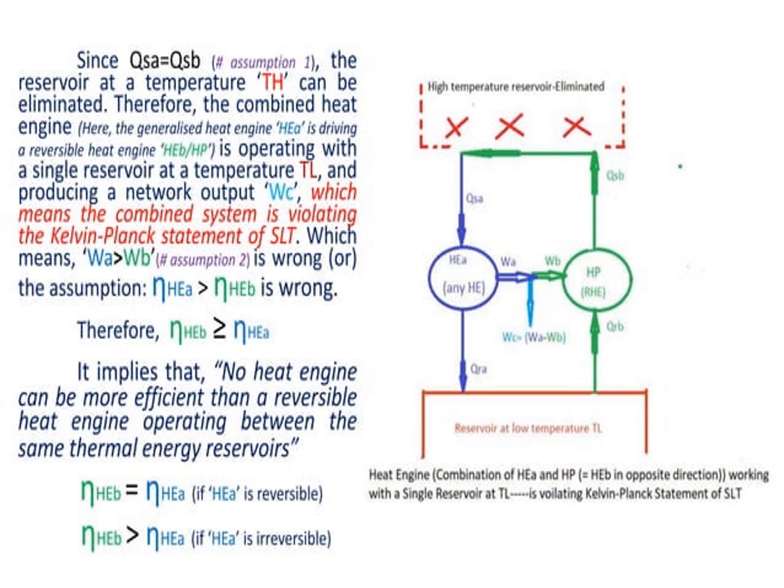Therefore, the efficiency of heat engine B is greater than or equal to the efficiency of heat engine A. It implies that no heat engine can be more efficient than a reversible heat engine operating between the same thermal reservoirs. This is the first statement, which says that the efficiency of HEB is equal to HEA when HEA is reversible, and the efficiency of HEB is greater than the efficiency of HEA when HEA is irreversible.